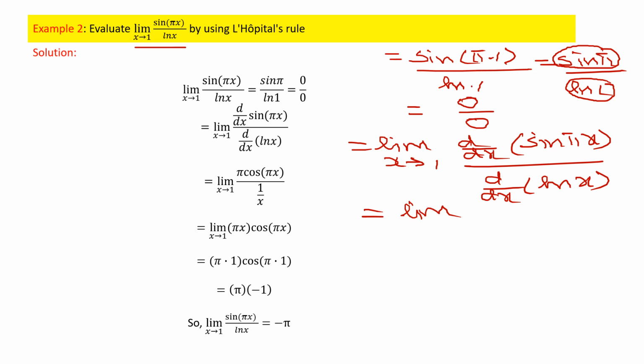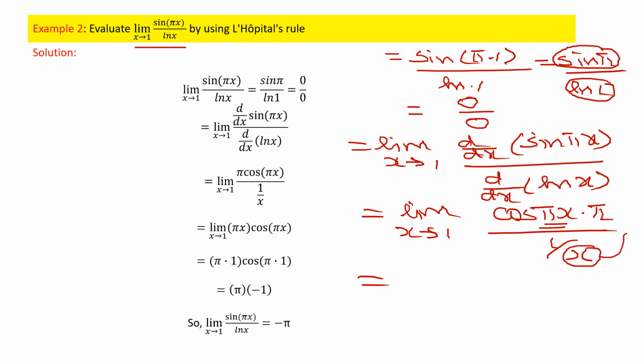It will give cosine pi x, and using the chain rule, the derivative of pi x will give pi. In the denominator, we have ln x. We know that the derivative of ln x will be 1 by x. Then this x will go up. So let me rewrite the function. That will give pi x times cosine pi x.